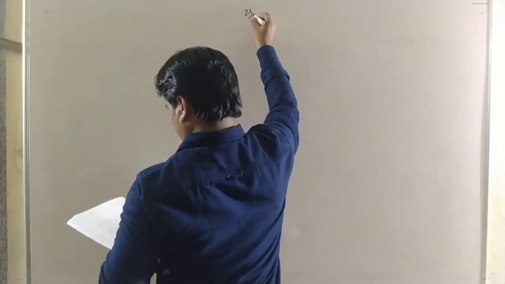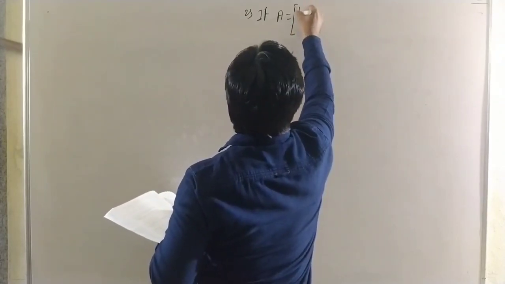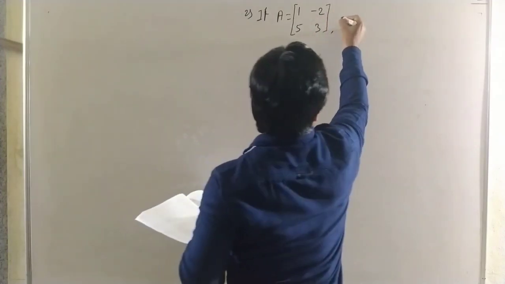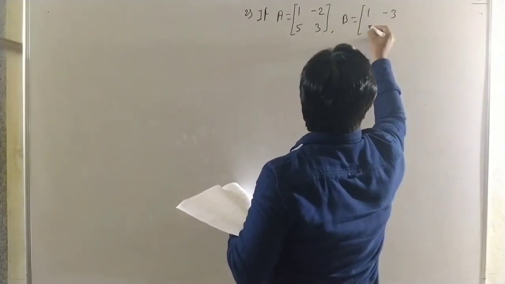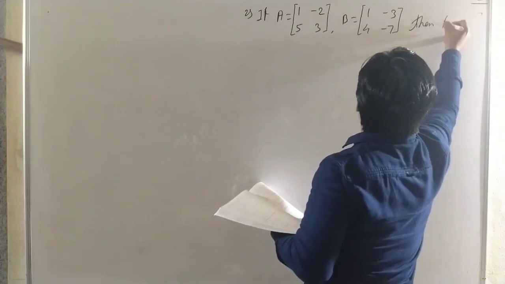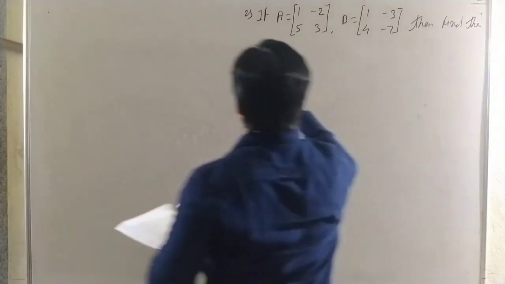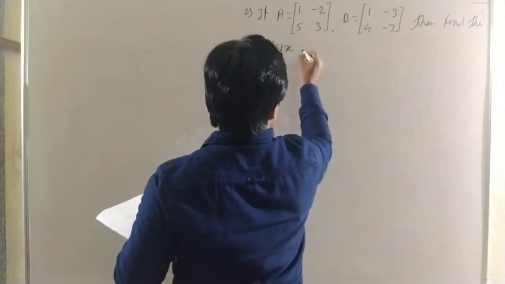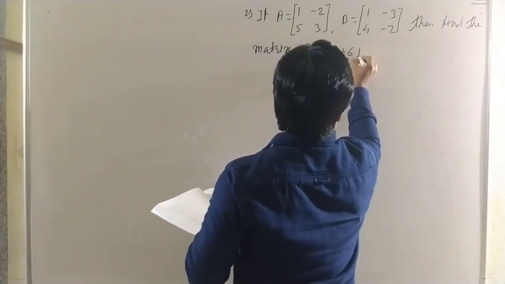Second example, if A is 1 minus 2 5 3, B is equal to 1 minus 3 4 minus 7, then find the matrix A minus 2B plus 6I.